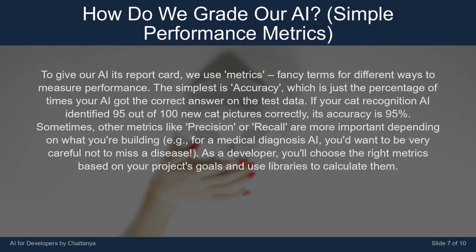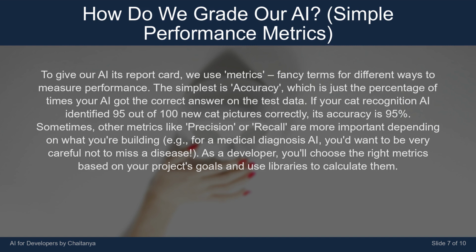To give our AI its report card, we use metrics, fancy terms for different ways to measure performance. The simplest is accuracy, which is just the percentage of times your AI got the correct answer on the test data. If your cat recognition AI identified 95 out of 100 new cat pictures correctly, its accuracy is 95%.